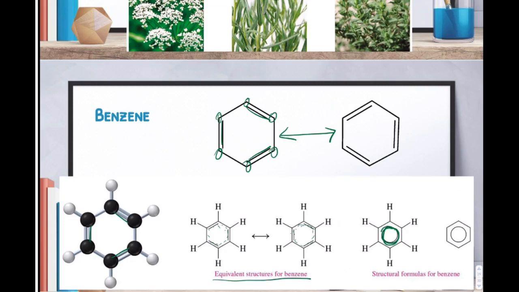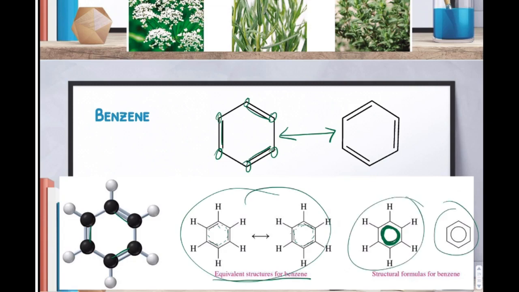And so we can shorten this by just drawing a circle instead of drawing all of this. I just draw this or this. And those electrons being fluid to move around cause the substance to have more of a smell a lot of times. And so electrons moving around can cause a substance to light up, or it can cause a substance to emit an odor. And so that's just an interesting little tidbit.